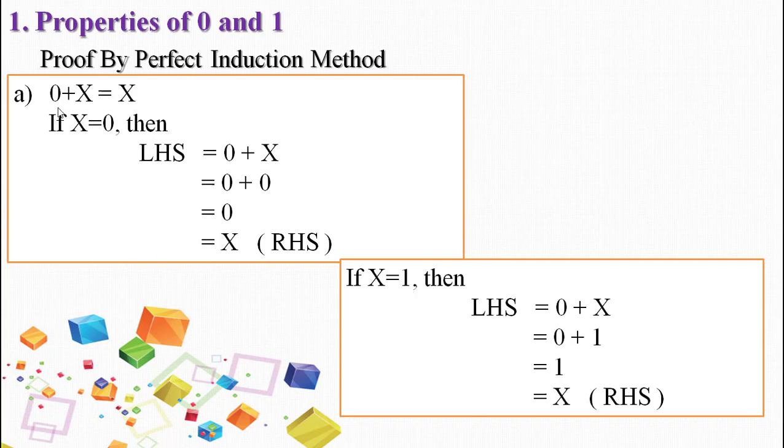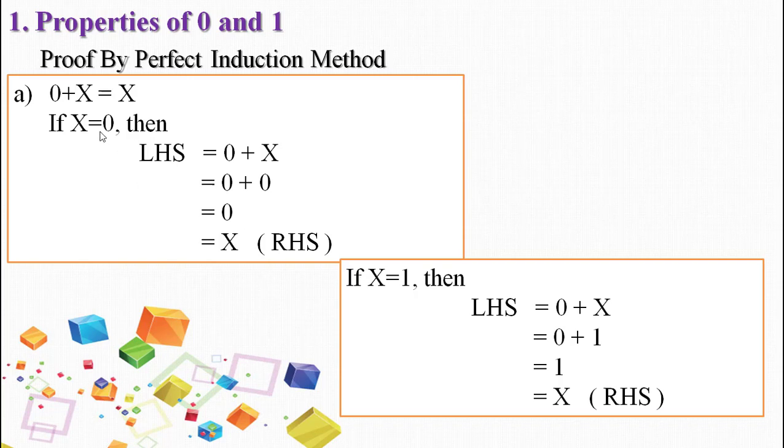Take the left hand side expression. Before that, assume the value of a variable as 0, then take the left hand side, substitute the value of the assumed variable, perform the operation, get the result, and match the result with the RHS. Similarly, take the next value of the variable that you have not taken in the first substitution.